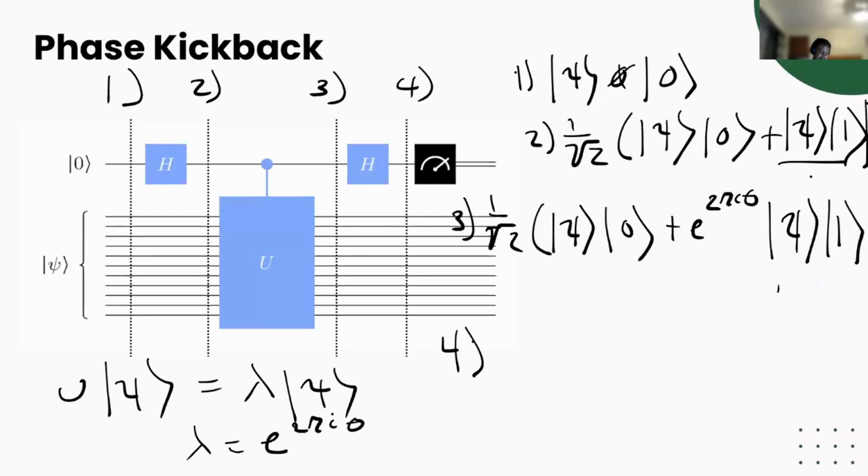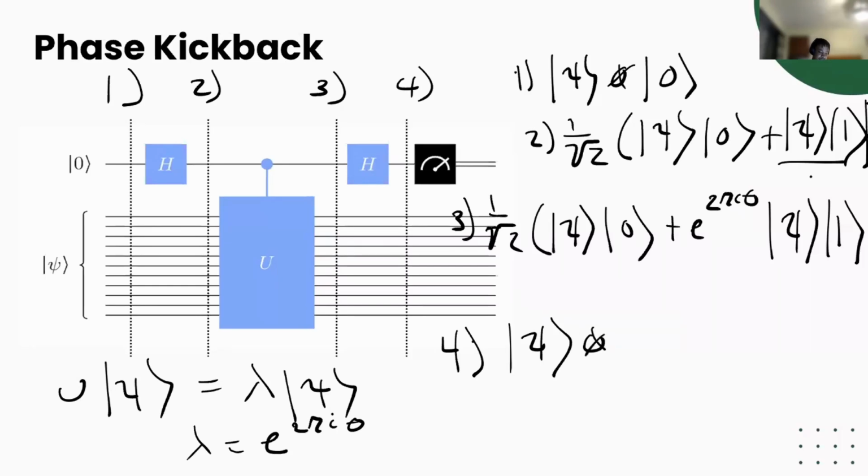So I'm going to factor out this psi. Actually, let's do it this way. I'll factor out the psi again, just so you can see what happens. It's going to be tensored with 1 over the square root of 2 times 1 plus this value, e to the 2 pi i theta. I've written this wrong, actually, so I'll just expand it out normally.